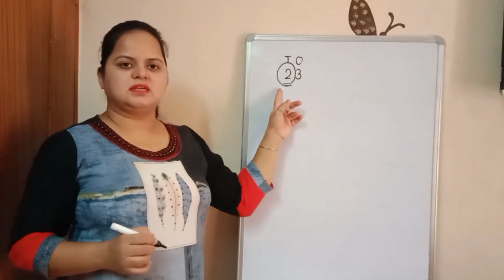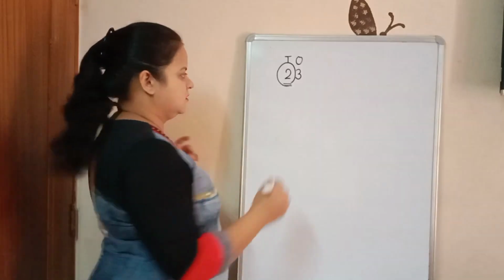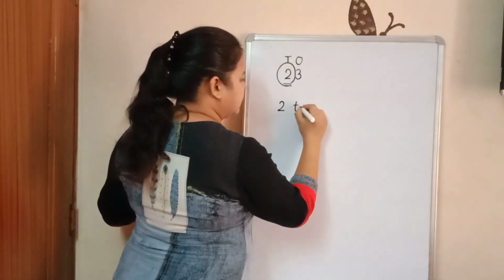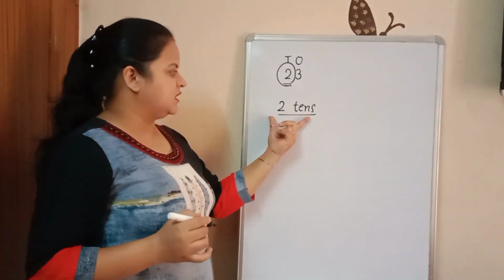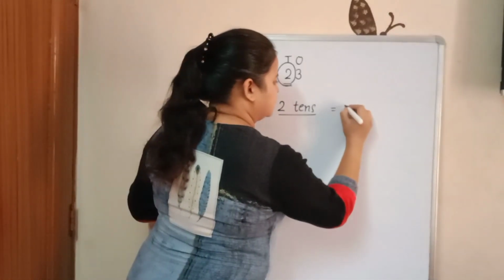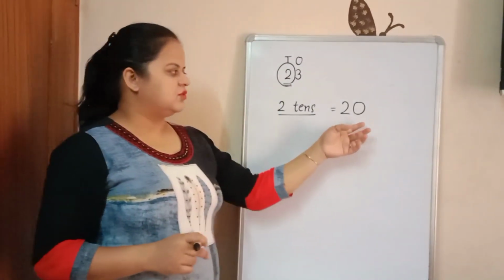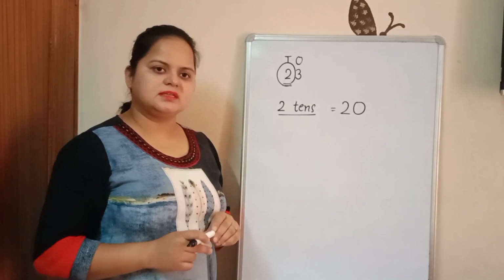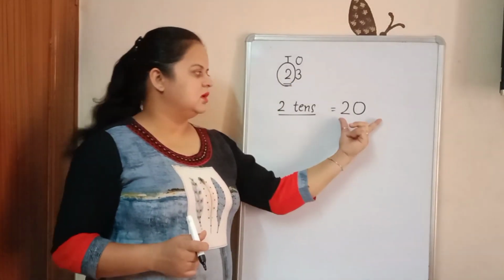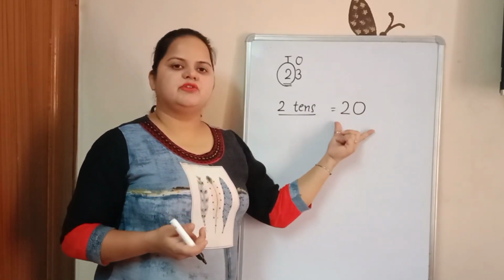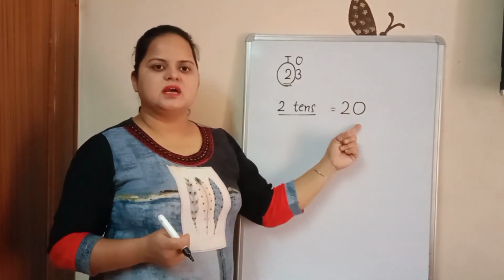So 2 is written on the tens place, which means this is 2 tens. 2 tens means this is 20. So the place value of 2 is 2 tens, or 20 also. Place value of 2 is 20.